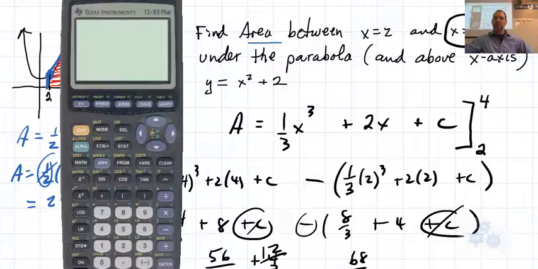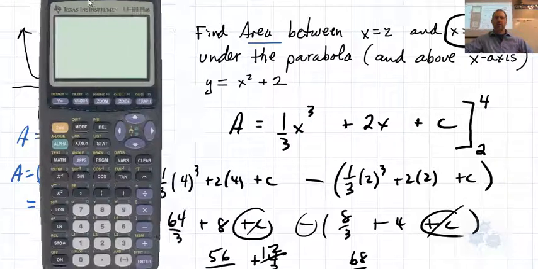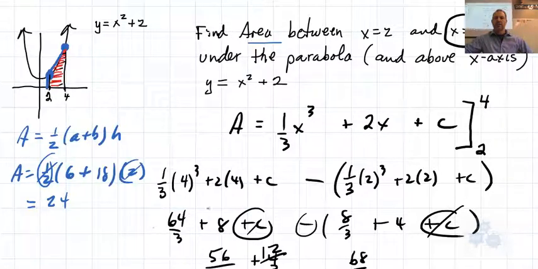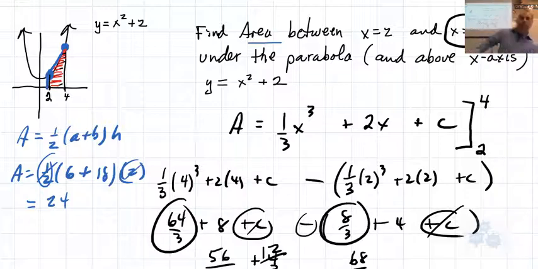I'm just trying to get a common denominator. So what do we have? 56 plus 12, so 68 over 3.